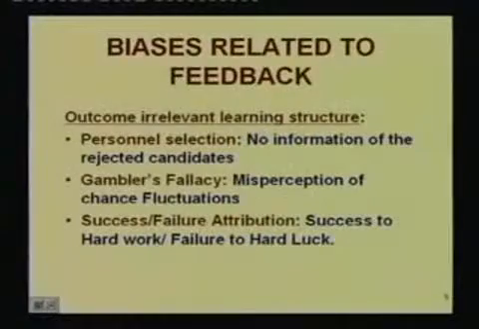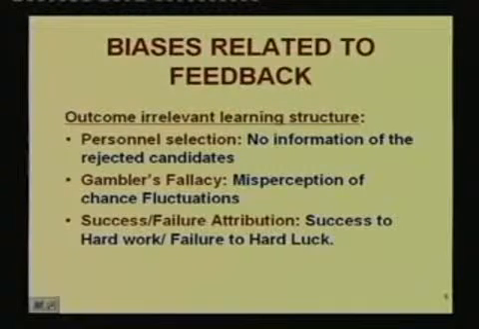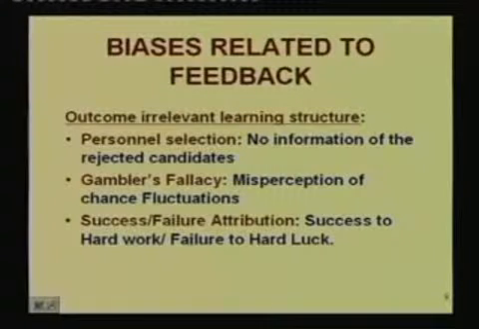So that is called the memoryless property of Markov processes, and many gamblers, and even decision makers in situations where chance is involved, do not see this and therefore fall prey to a particular bias, that if 3 tails have occurred in the past, the 4th one must be head. Success failure attribution: we try to attribute our success to hard work and our failure to bad luck, right?